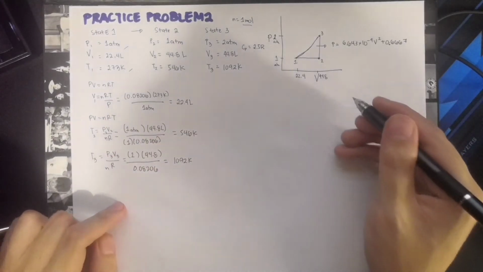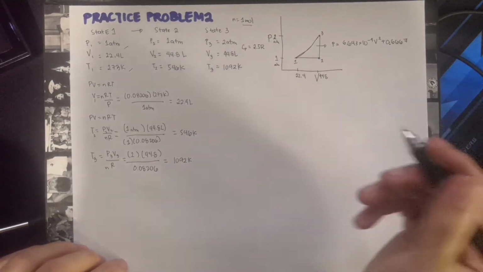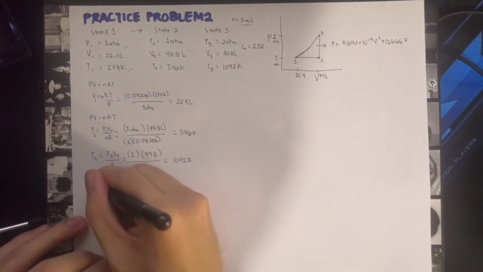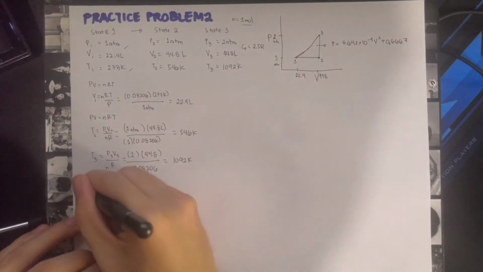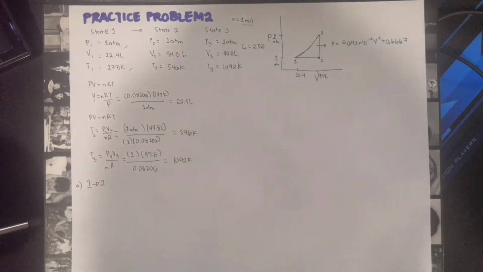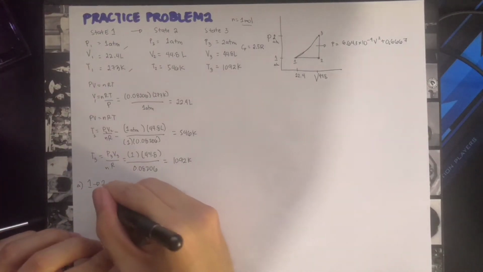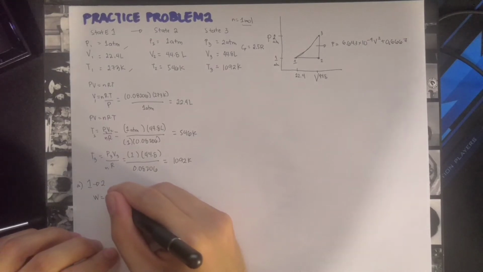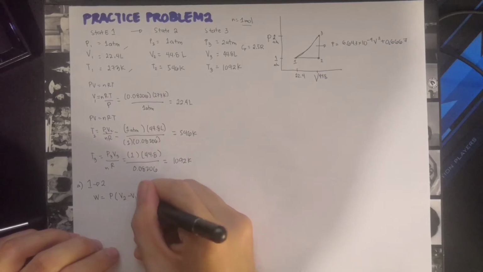So now let's look for the different heat and work effects for each of the processes. Let's start with from state 1 to state 2. This is your first process, a doubling of its volume at constant pressure. Since this is at constant pressure, this is called an isobaric process. And we know for an isobaric process, the work is just equal to P times V2 minus V1.